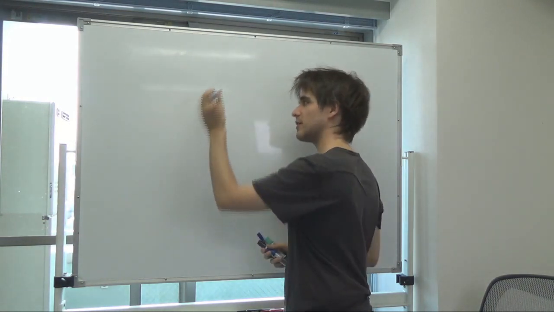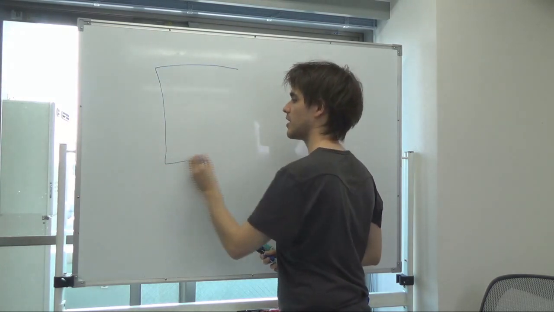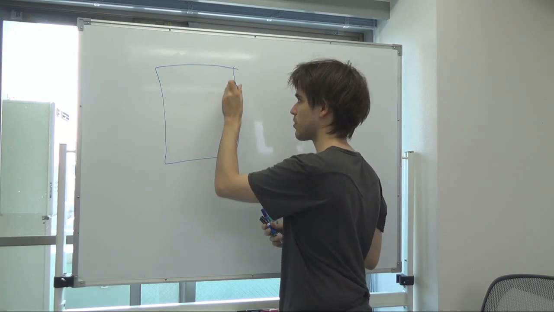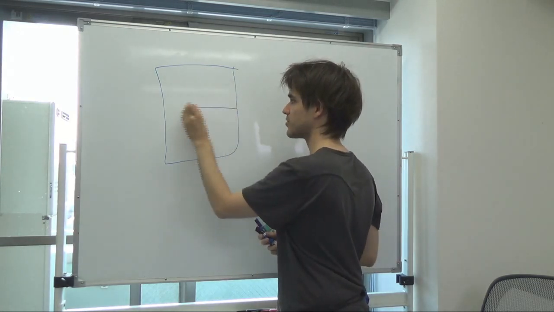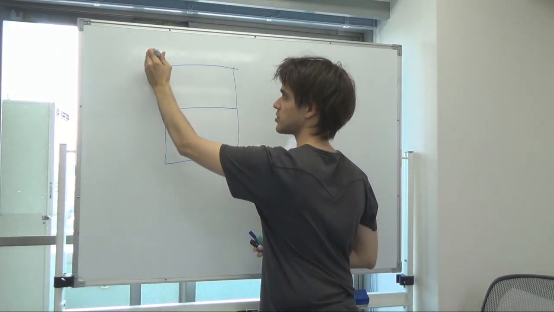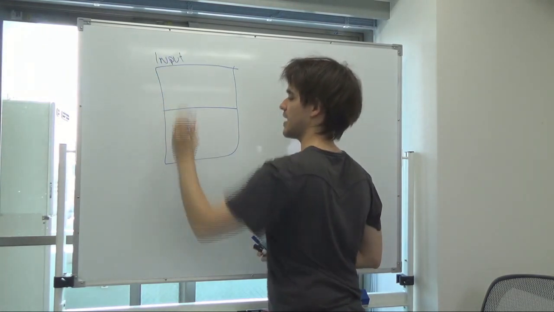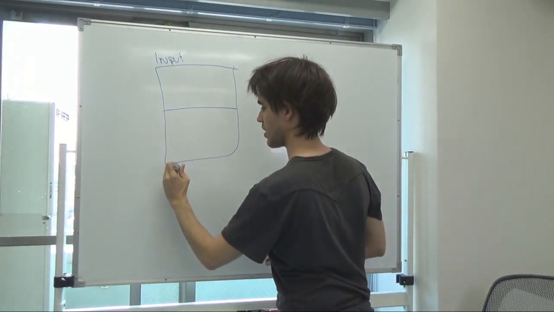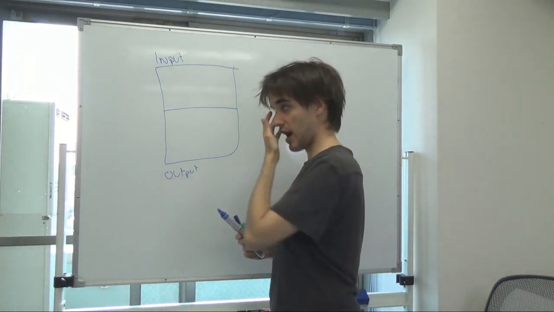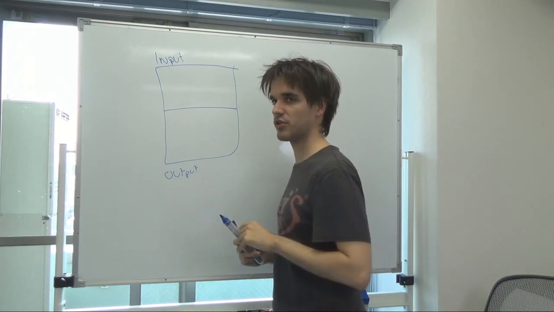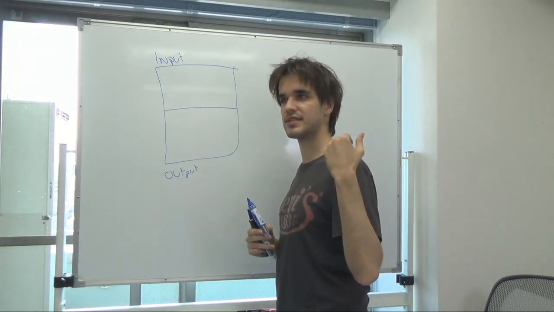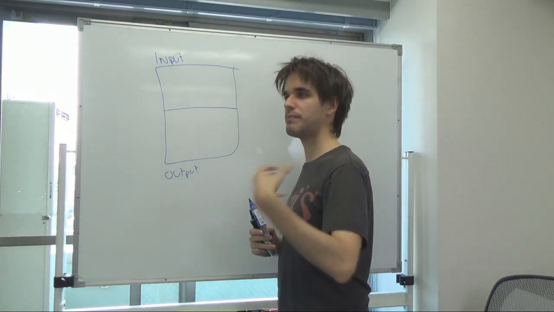First of all, a Bitcoin transaction is separated into two parts. I will use this convention: the top part is called the input, and the bottom part is called the output. I will use this convention to represent a transaction. The input is what coin will be spent.